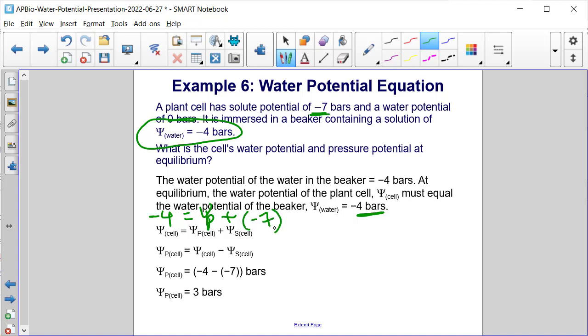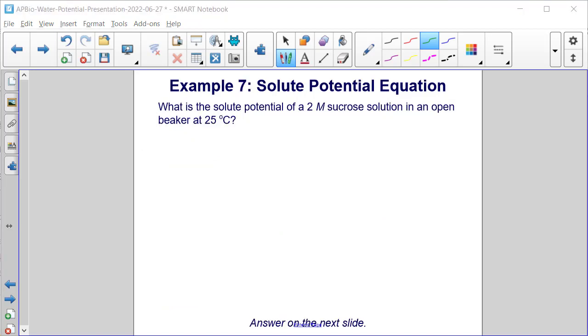And we can solve from there. So the pressure potential then is -4 minus -7, or 3 bars. So to answer the question, the cell's water potential at equilibrium is -4 bars, and the pressure potential at equilibrium is 3 bars.